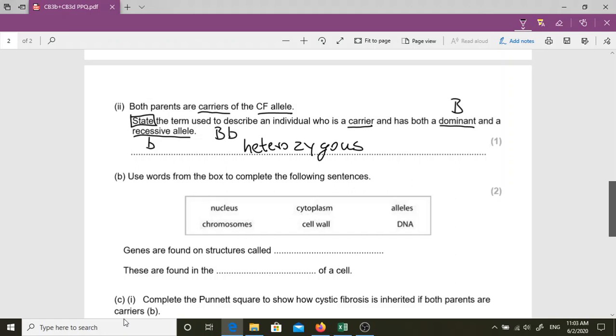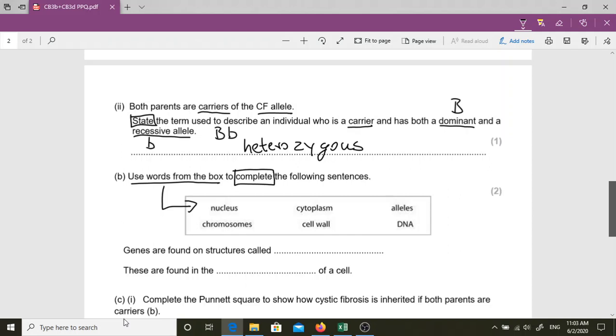Use the words from the box to complete the following sentences. So complete is the command word here that needs to be boxed. Use the words from the box, quite important. So we've got the words here if we're unsure what goes in. Then the first sentence says genes are found in structures called.